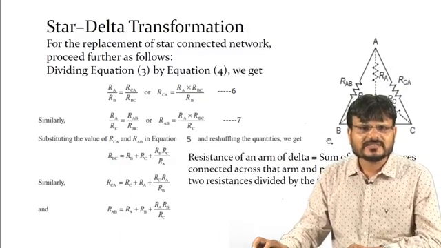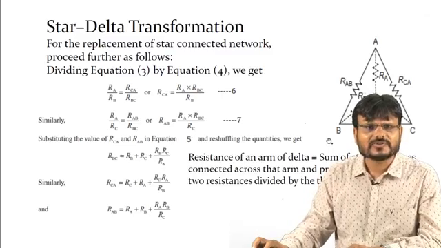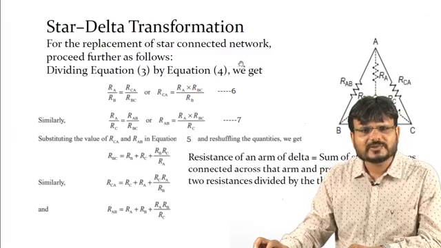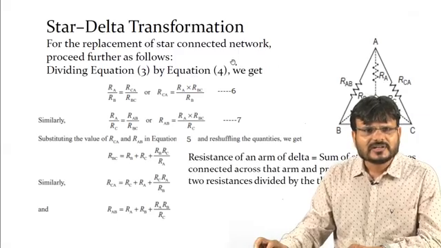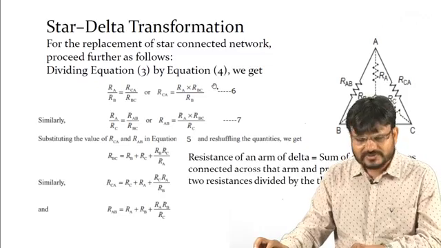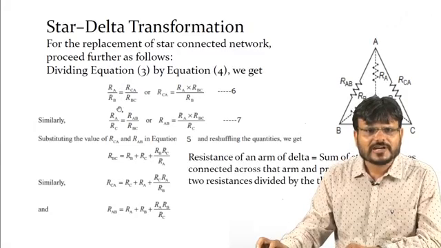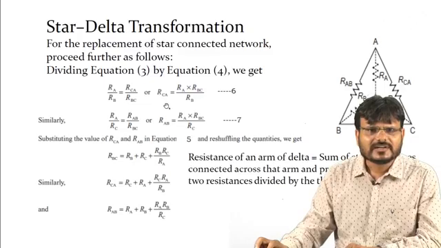Next and last is star delta connection. How you can convert star into delta connection. For the replacement of a star connected network, it can be written as this equation, dividing equation 3 by equation 4 as in the previous slide. So you can write RA upon RB is equal to RCA upon RBC, or you can write RCA is equal to RA into RBC upon RB.